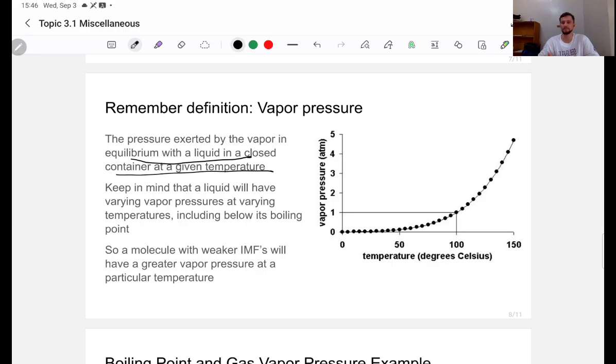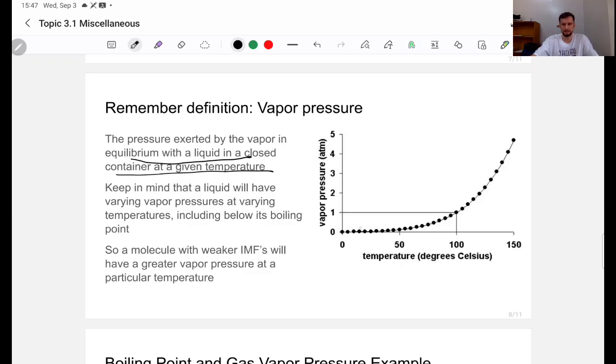More gas molecules are going up into the air. So keep in mind that a liquid will have varying vapor pressures at varying temperatures, including below its boiling point. So a molecule with weaker intermolecular forces will have a greater vapor pressure at a particular temperature.